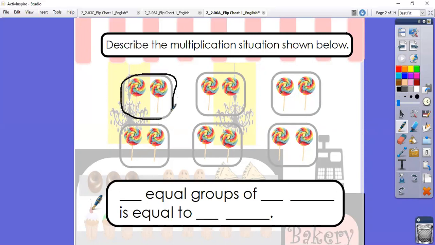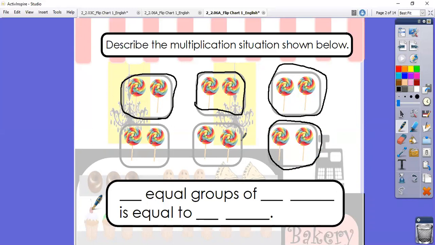Here we have one set, and inside of it is 2 lollipops. And we have another set with 2 lollipops, and another set, and another set, another set, and another set.